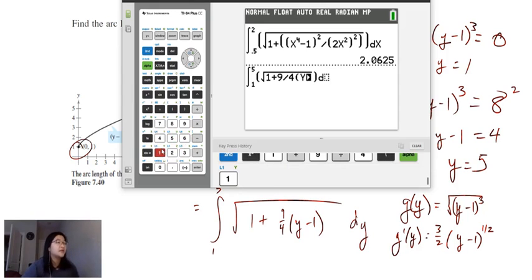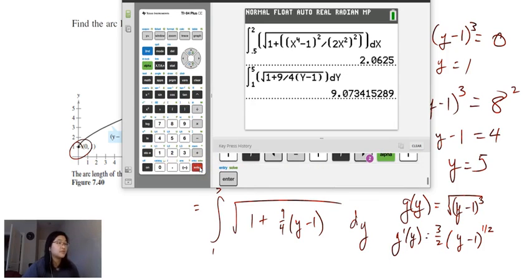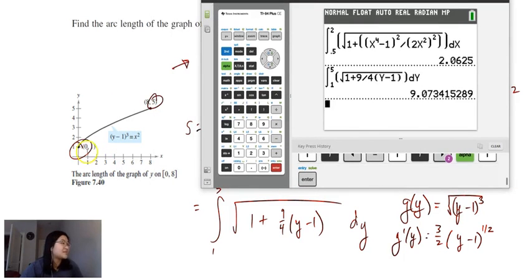Okay. Minus 1, and then close that parentheses. Alright. And then we arrow over and do this in terms of y. What do we get? Cool. We got like 9.073. Does that vaguely make sense?